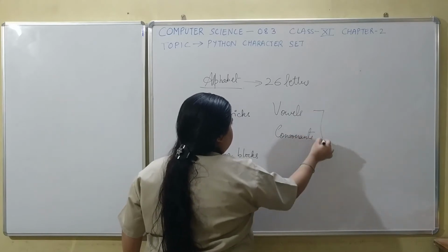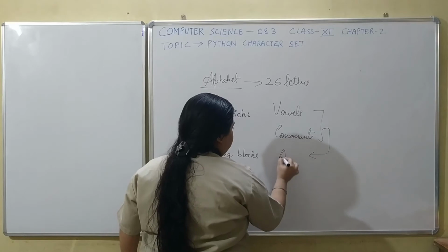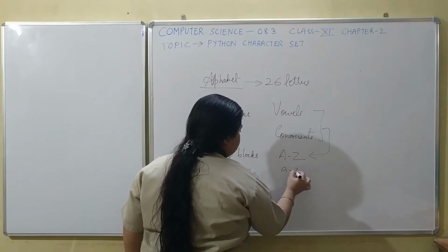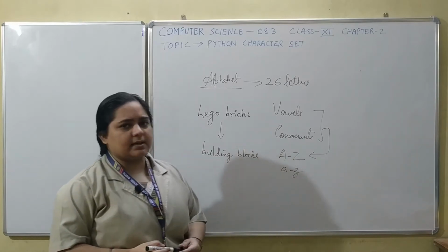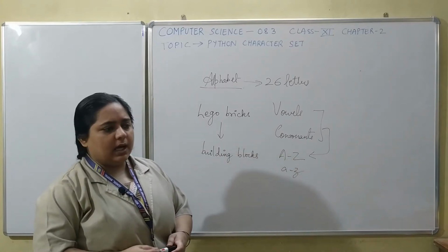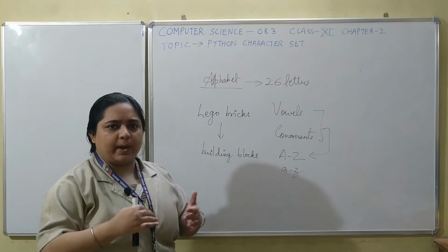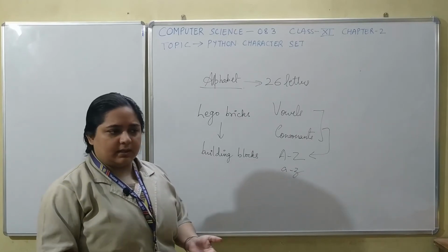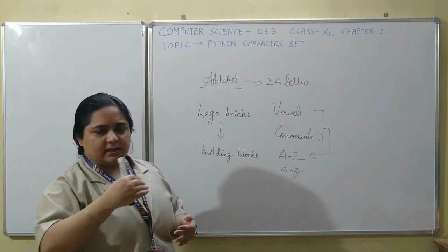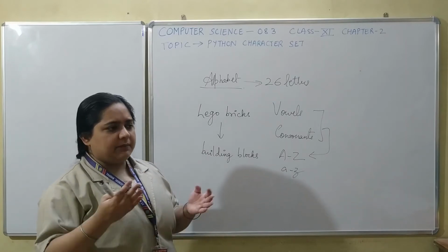These letters are available to us in both capital form and small form. Using this character set, we can build paragraphs in the English language. From paragraphs we can write pages, a whole chapter, and from that we can write a book.